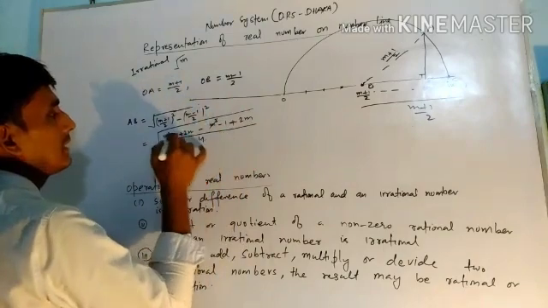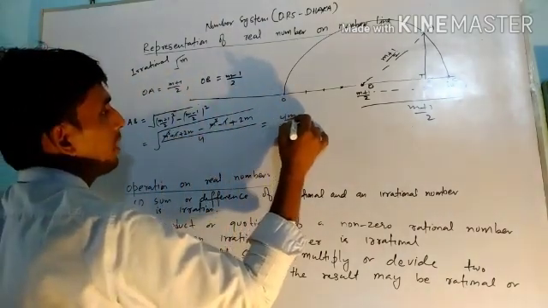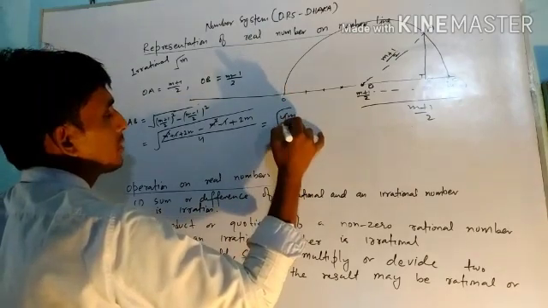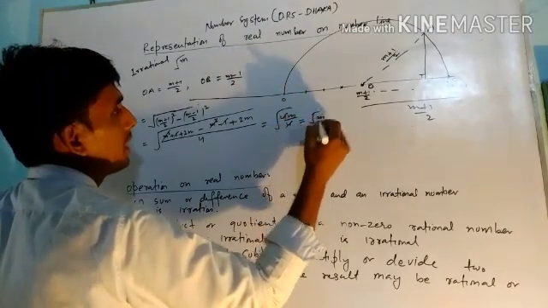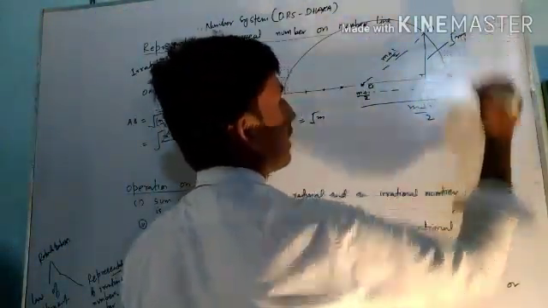So this will cancel out. You are getting 4m upon 4 under root, 4 and 4 cancel, under root m. So it means the length of AB is equal to root under m.